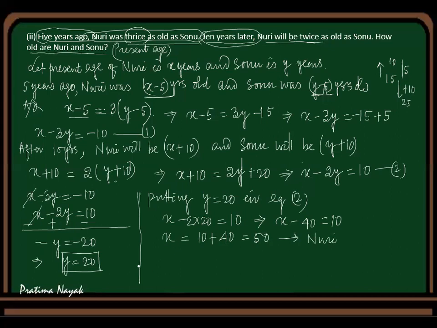So let us write the statement now. The present age of Nuri is 50 years and of Sonu is 20 years.